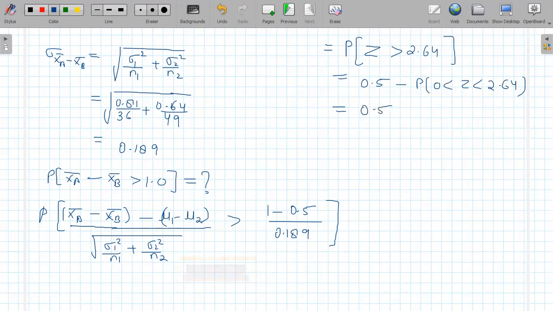So we look in the table for 2.64, that comes out to be 0.4959. So after subtracting we get 0.004. That is the answer.